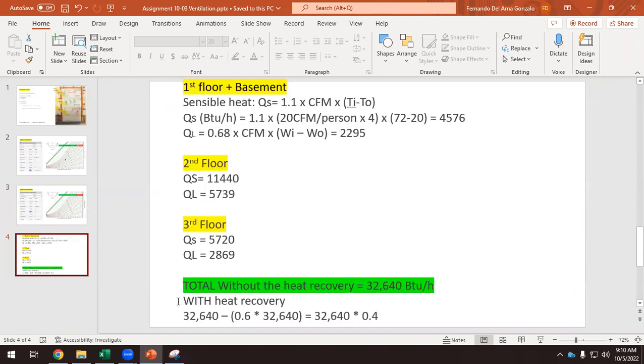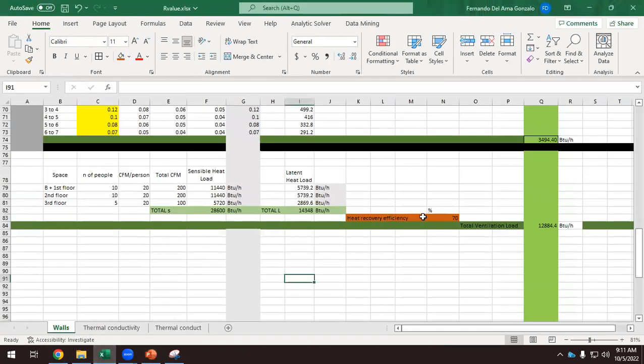And now we need those calculations. So you can copy and paste the values from this, but I need to know the sensible and latent heat from the first, the second, the third floor, and I need to know the total. The heat recovery efficiency. Okay, so you can include this, and we just can type this number. We can change this number anytime we do this, and we have to.